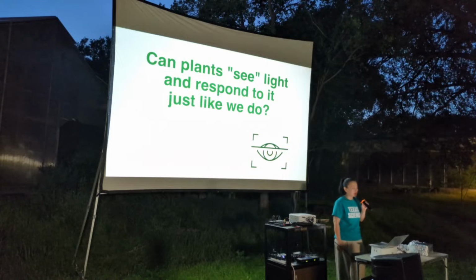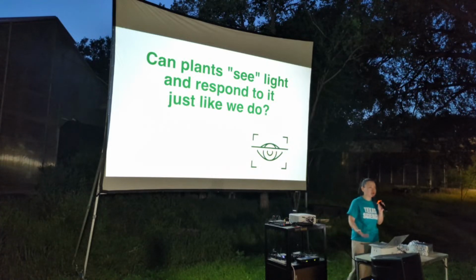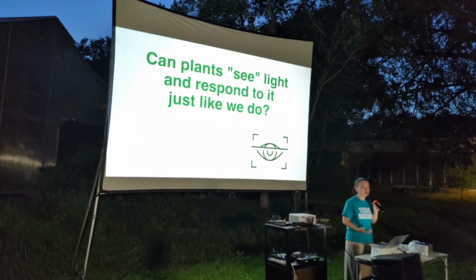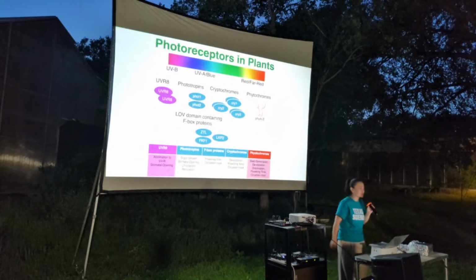So how does light regulate plant development? Can plants see light and respond to it just like we do? Can plants see light? How? See it? Yes, sense it. They can feel it.